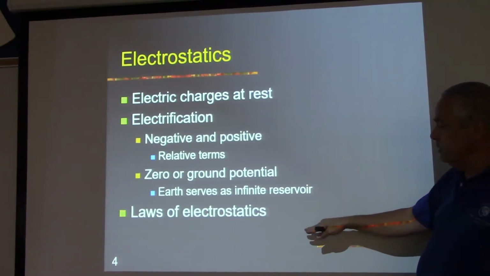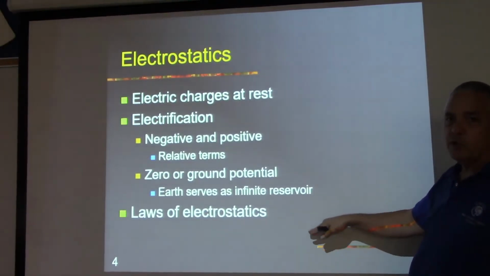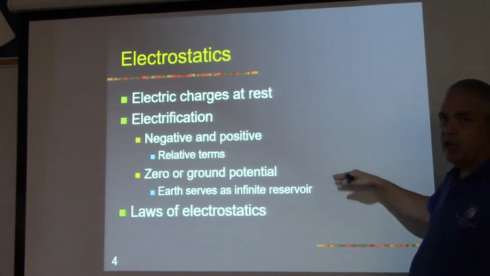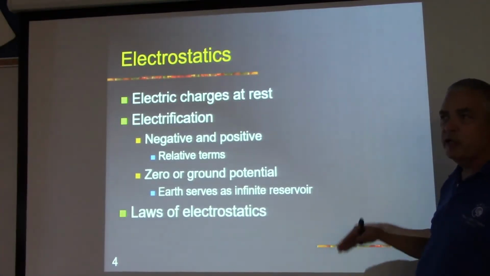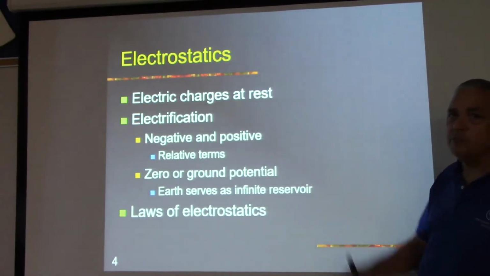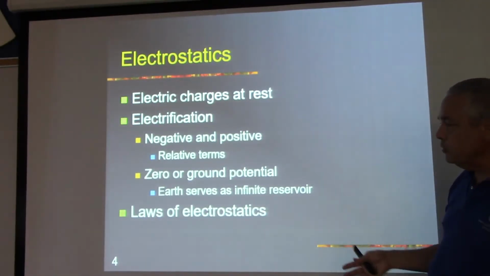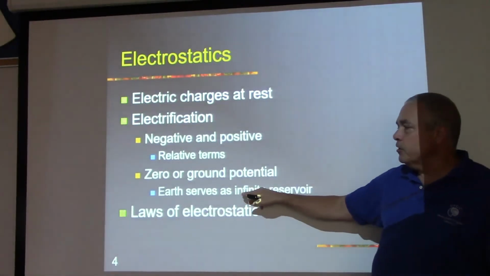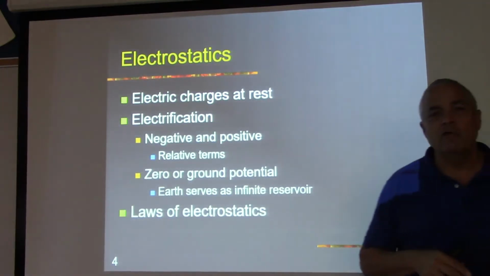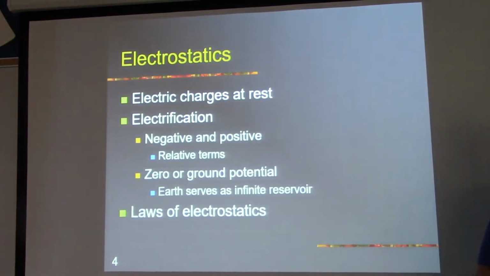In that case, excess electrons from the Earth can jump up into the cloud, and so the lightning strike can actually originate from the ground to the cloud. That can totally happen. Remember, the Earth is an infinite reservoir of positive and negative charge. So it basically is whatever we need it to be. So we can use the Earth as a ground indefinitely.